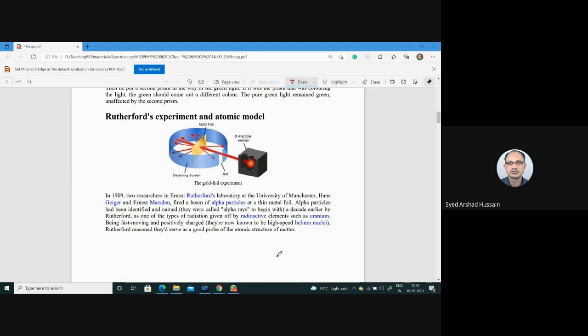So atomic spectroscopy basically deals with the interactions of radiations with atoms. Why? To explore the atomic structure. This is our interest, and we will see this throughout this course.